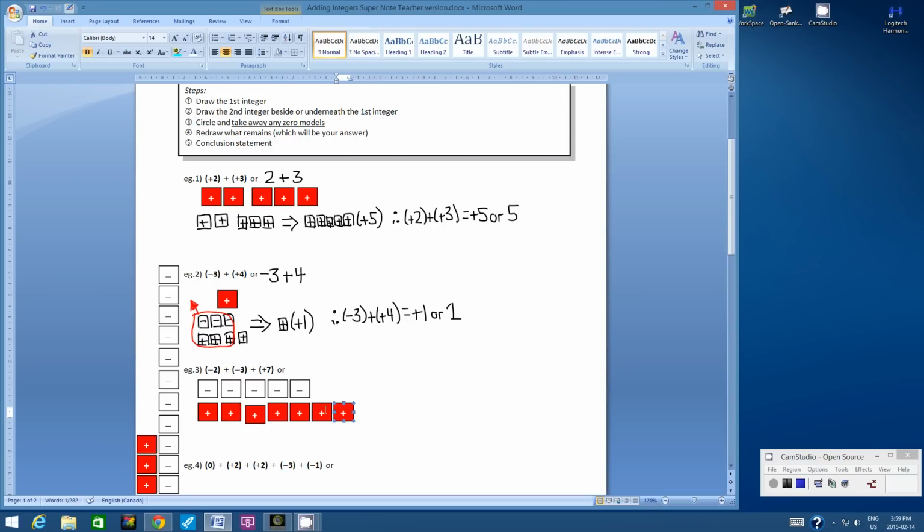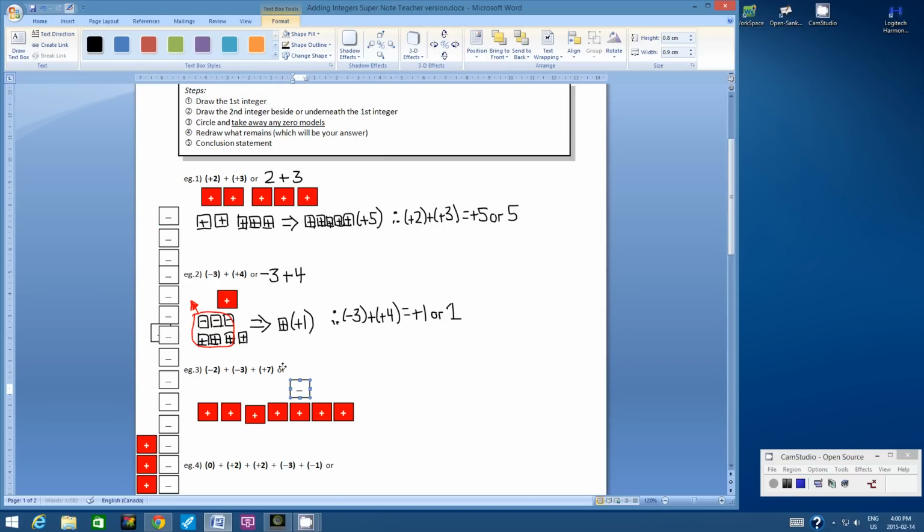Now, I've got to stop. I've got to look at my board here and see, are there any zero models? Well, yes, there are in fact 1, 2, 3, 4, 5 zero models. So whenever you see a zero model, I'd like you to take it away. Okay, let's take them away. So that means 5 negative tiles are going to be taken away. And again, this is going to be a lot easier for you to do than for me.